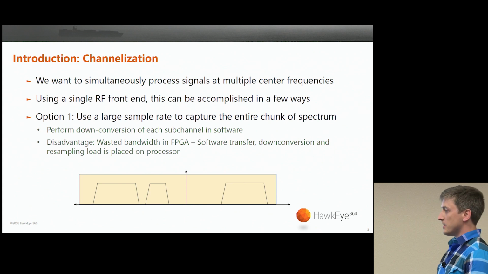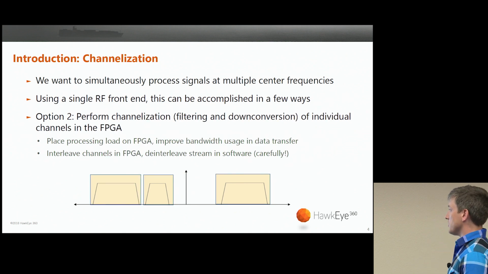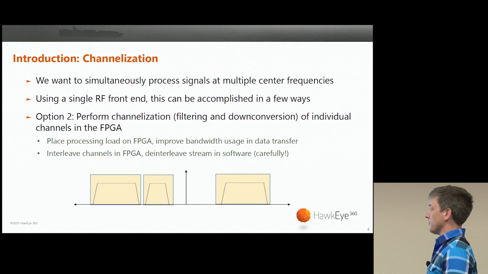So the goal of channelization is to take the chunk of spectrum, pull out the relevant channels, and just process on that in a more optimal way.